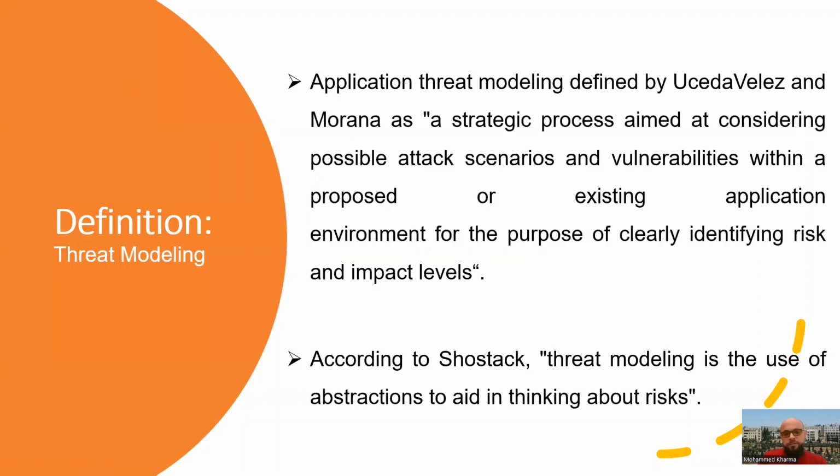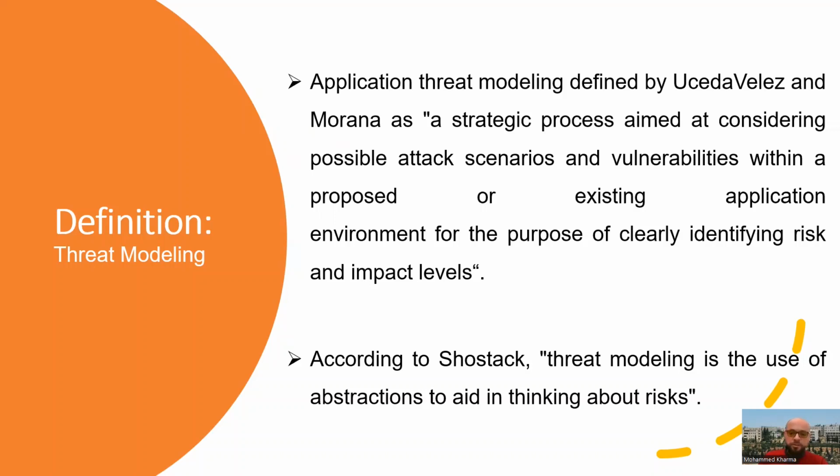Application threat modeling is defined by Vlahos and Murana as a strategic process aimed at considering possible attack scenarios and vulnerabilities within a proposed or existing application environment for the purpose of clearly identifying risks and impact level.